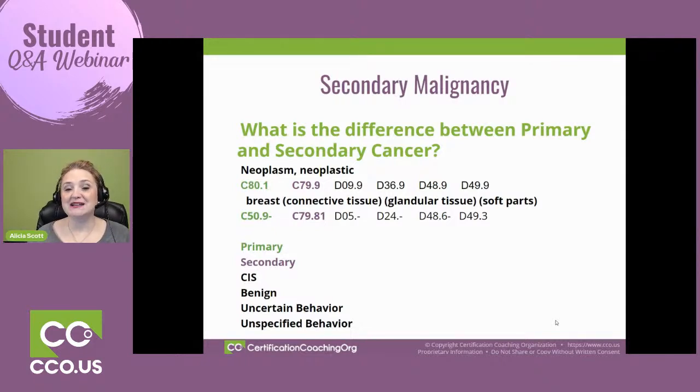If you get into a D code, it could be a secondary cancer, but most likely it's a benign neoplasm if you get all the way into the D's, or one of those uncertain or unspecified. That's just a little tip that will help you as you become more familiar with the code set. And this is going to help you test.